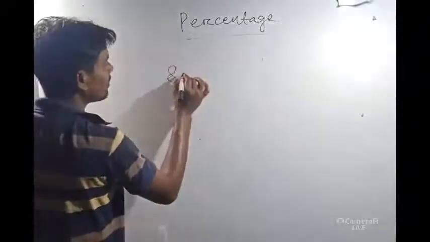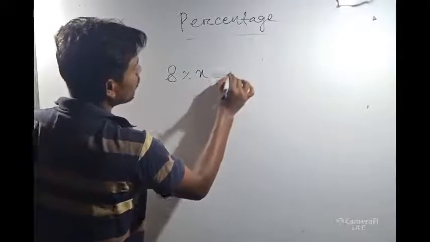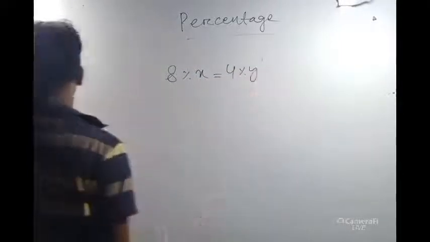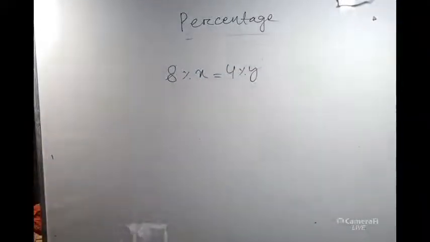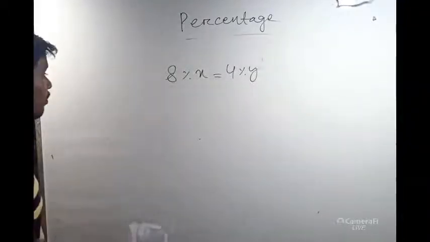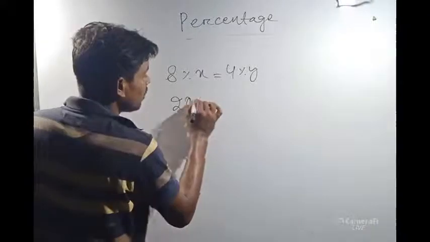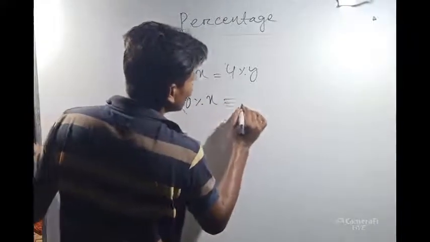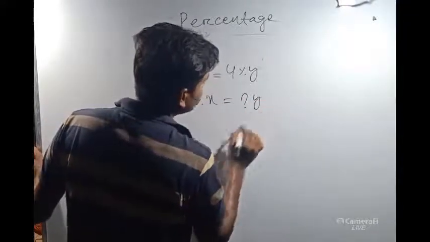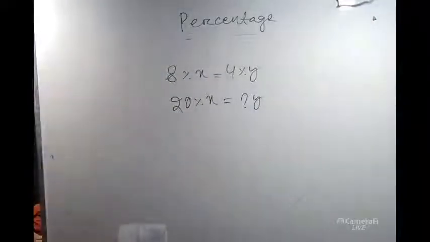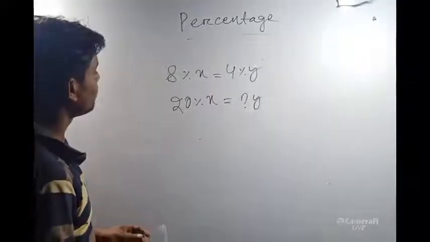80% of X equal to 4% of Y. Okay, 80% of X equal 4% of Y, then 20% of X equal what percent of Y? Okay, if 80% of X equal 4% of Y, then 20% of X equal what percent of Y?